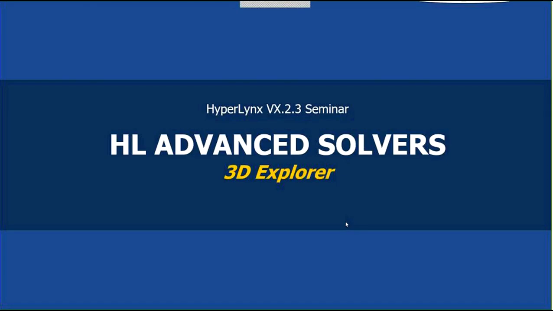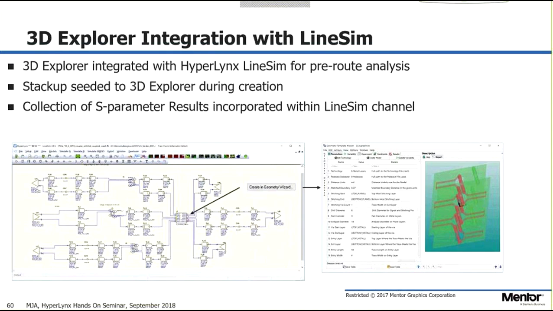So let's talk a bit about the advanced solvers that the tool does have. There is the 3D Explorer, which I've mentioned before. This gives you a way to take a structure, like we can see in this picture down here, and to tweak it, to sweep values, maybe sweeping anti-pad shapes, or the angle at which the traces come in, or the pad stack, or the distance between the traces, or the distance between the stitching vias.